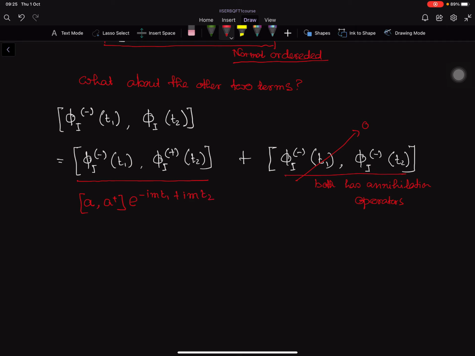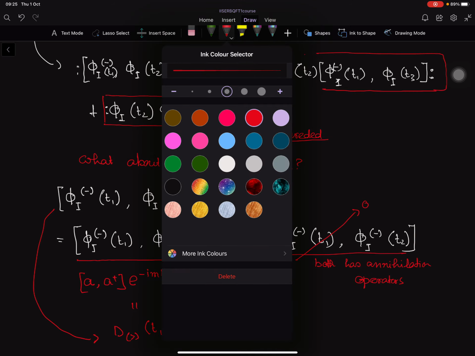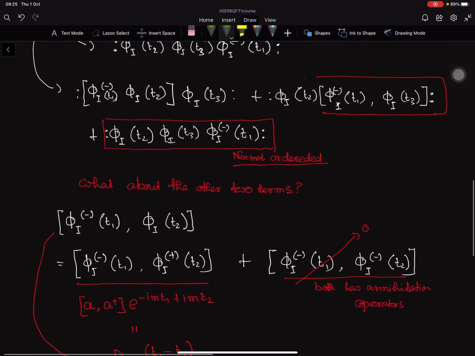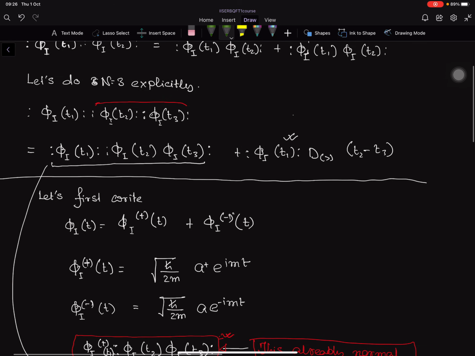Then this term is simply the same as the propagator of t1 minus t2. So we evaluated this quantity, and in the same way we can also evaluate the other quantity. So what do we get altogether? We have this, this, and this, and we also have to collect one term from here.